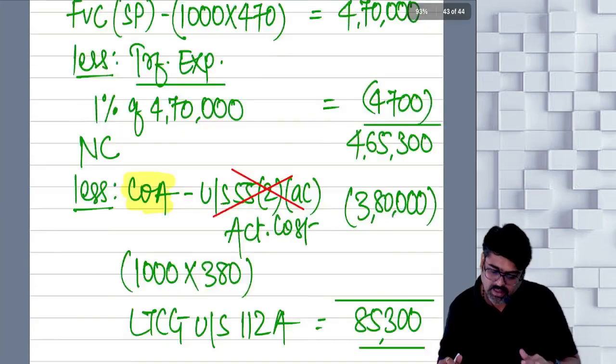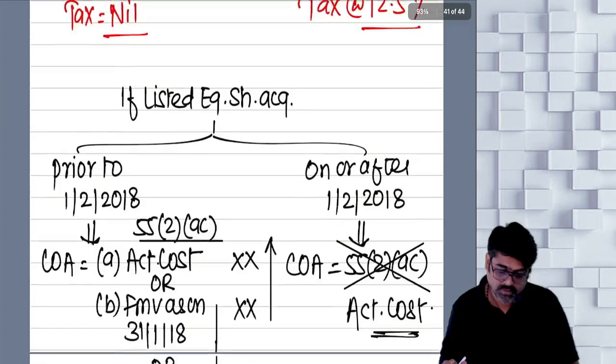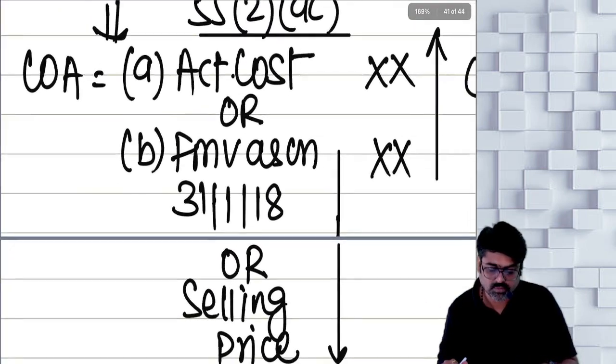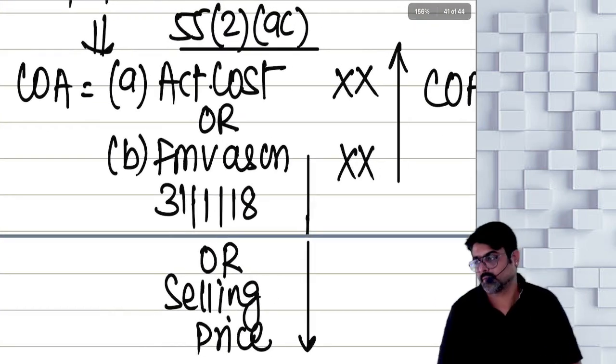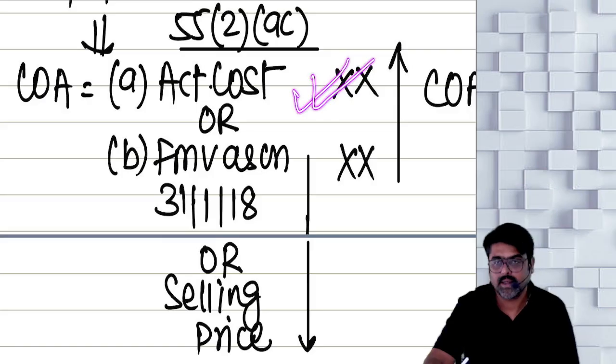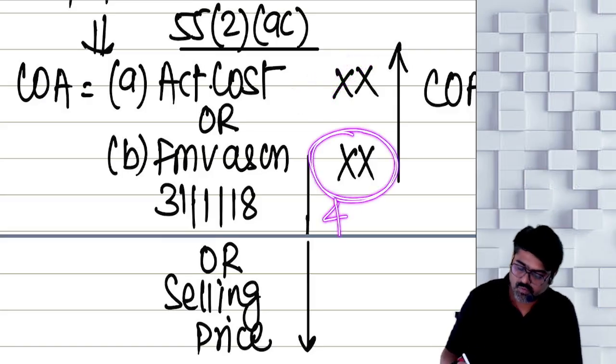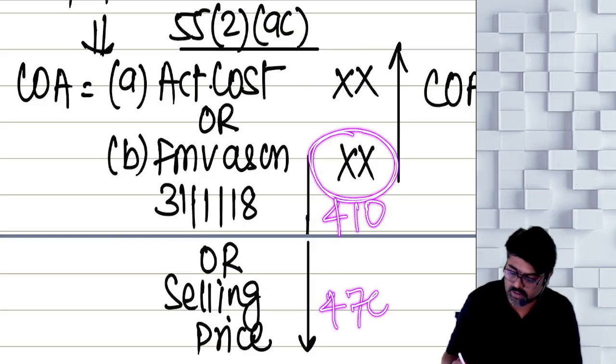Simple. Are the shares acquired prior to 1st February 2018? So now your cost will be determined like this. You are going to take actual cost, that is 380. What is the fair market value? 410, which cannot be more than the selling price, which was 400.